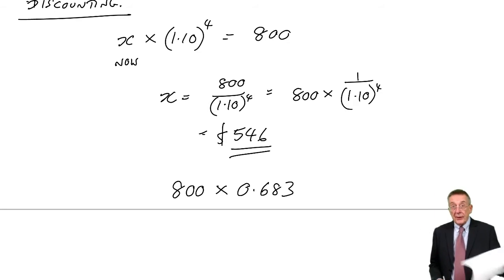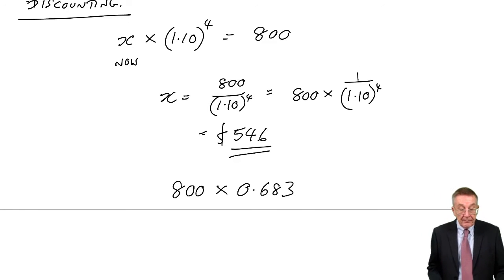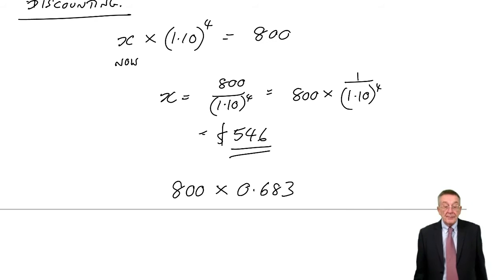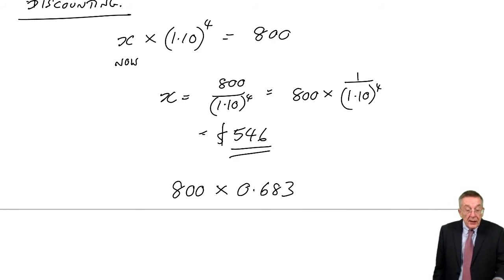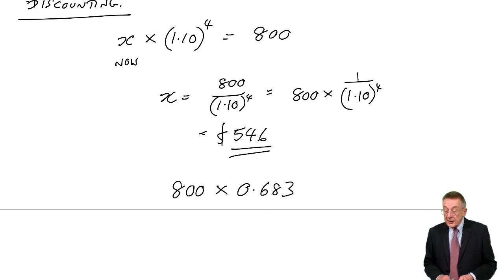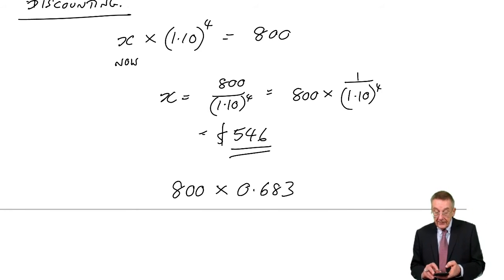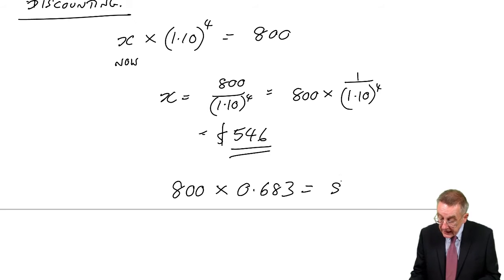So I do hope you've got the tables in front of you and you've checked me. 10% column, it's 10% a year. The 4-year row, because it's 4 years. We multiply by the figures in the tables, and what does it give us? 546.